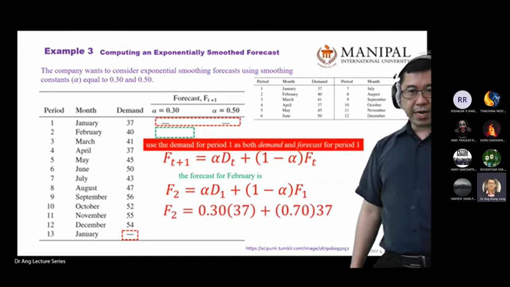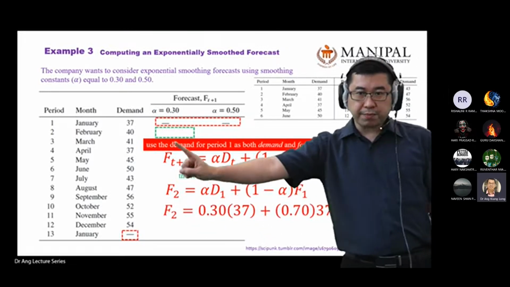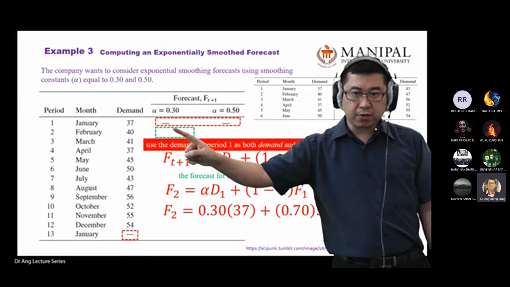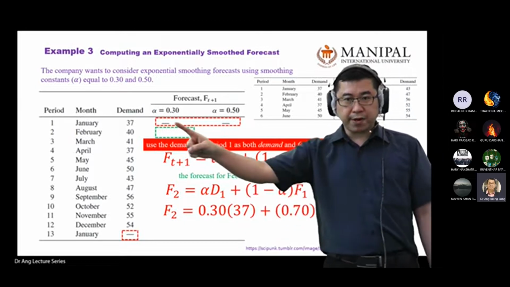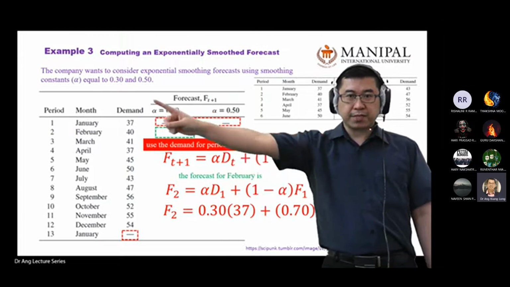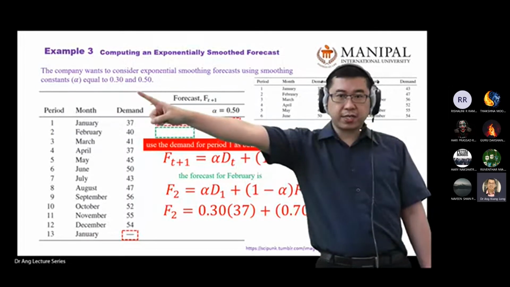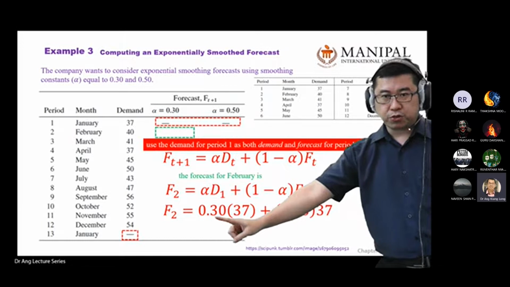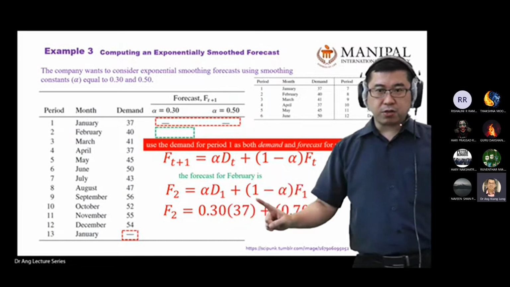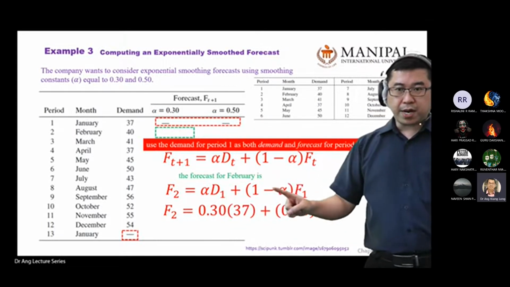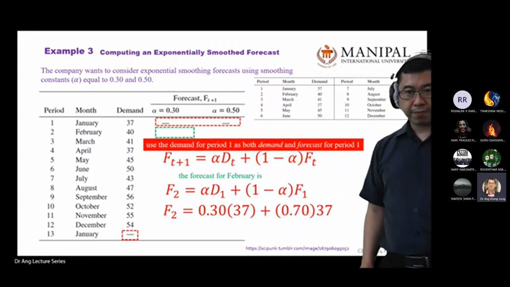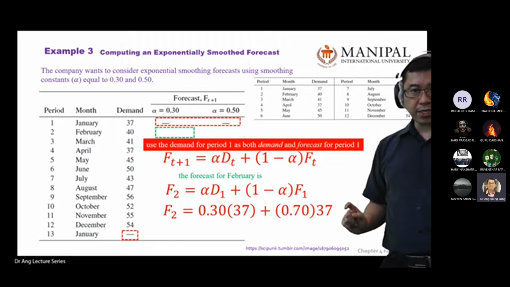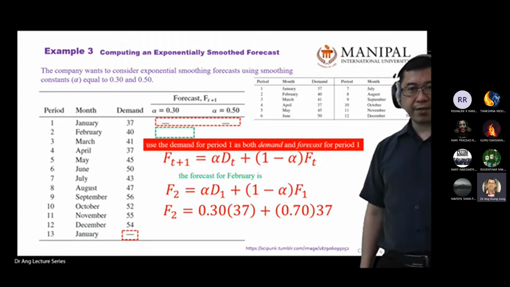We substitute the values. F2, forecast number 2 of this green box, equals 0.3, this is alpha 0.3. The customer asks us to do two sets of calculations, 0.3 and 0.5. So alpha 0.3, D use 37, 1 minus alpha is 0.7, and for forecast 1 we use 37. This is for the first set.